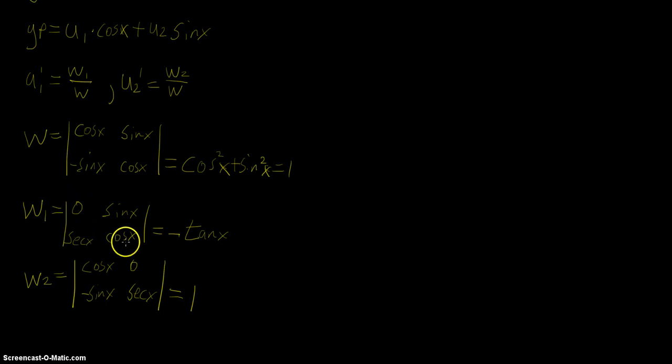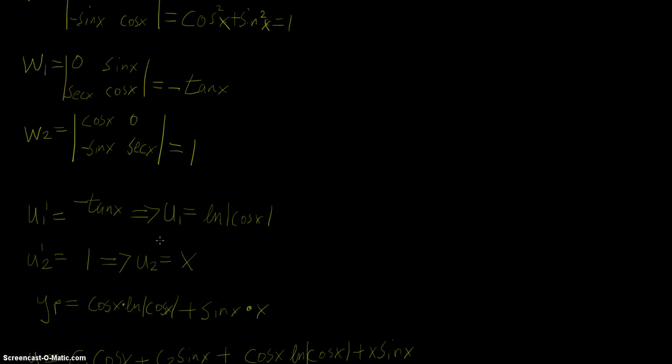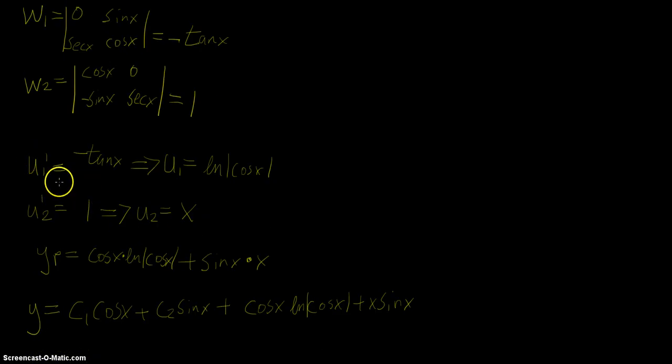let's see, 0 minus secant times sine, which is sine over cosine, which is tangent, so negative tan x. This becomes cosine times 1 over cosine is 1. So u1 prime is w1 over w, which is negative tan x.